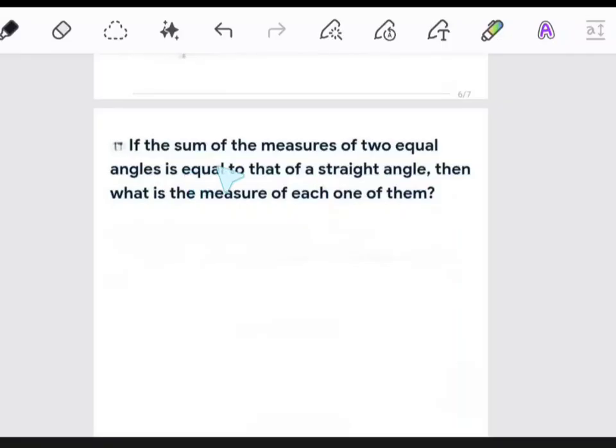Test question. If the sum of the measures of 2 equal angles is equal to that of a straight angle, then what is the measure of each one of them? For a straight angle, the measure is 180 degrees.